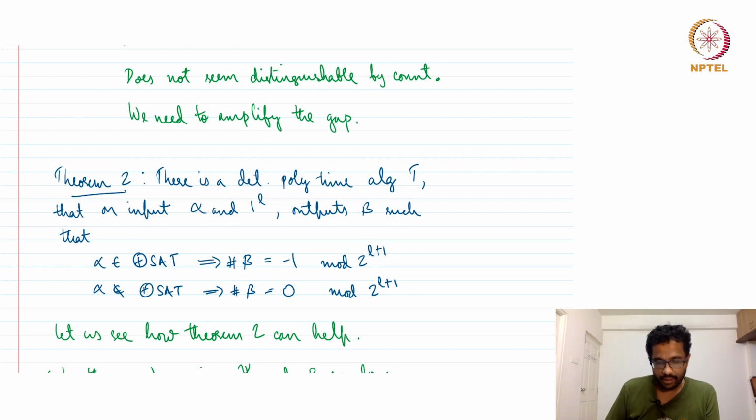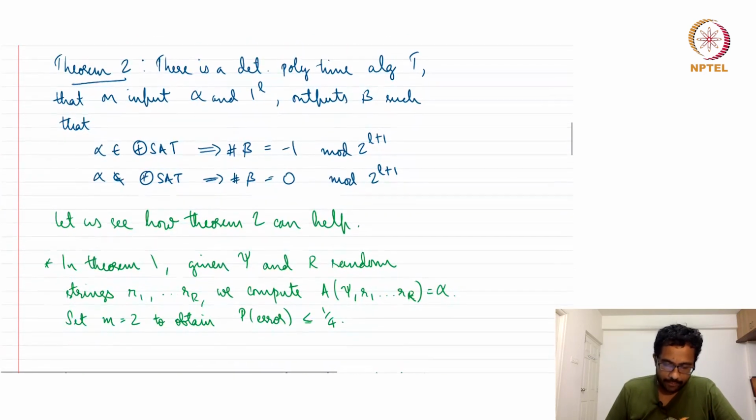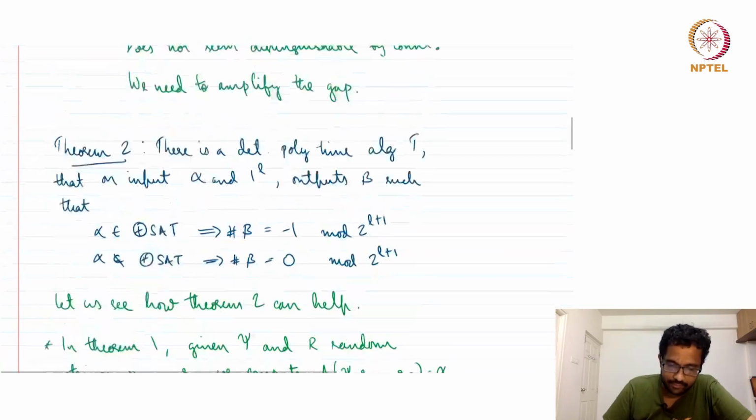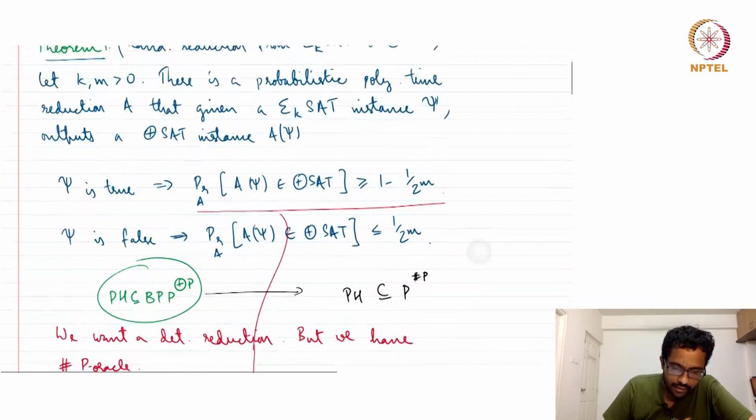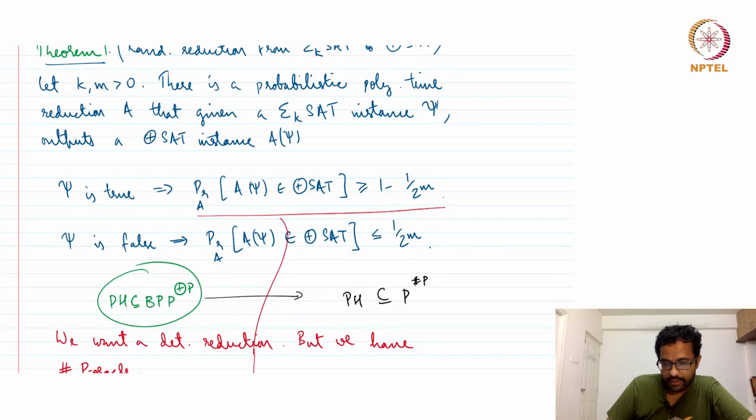And if alpha is not a yes instance of parity set, then beta has 0 mod 64 satisfying assignments, and this is going to create a gap, right? Why is it going to create a gap? So in theorem 1, given a psi, we had two possibilities.